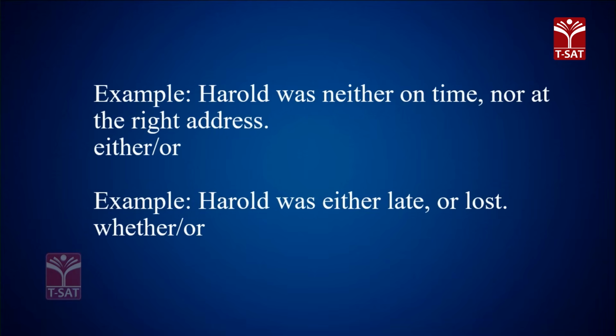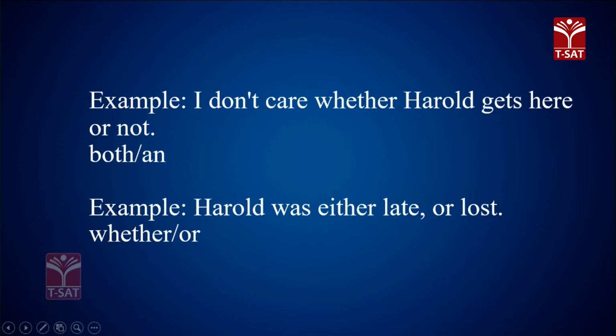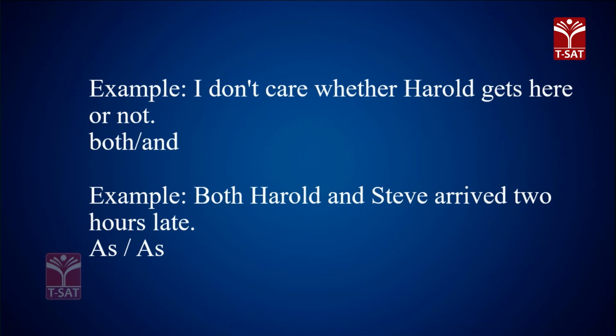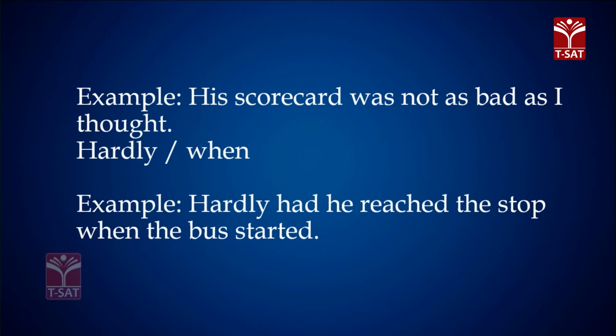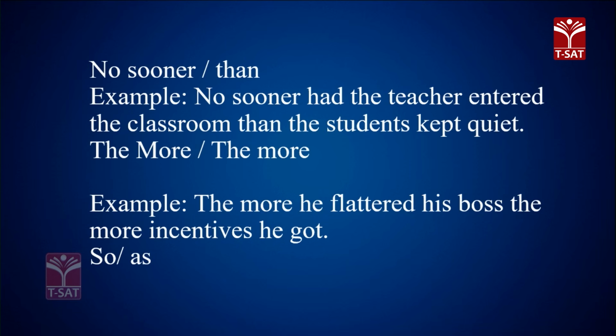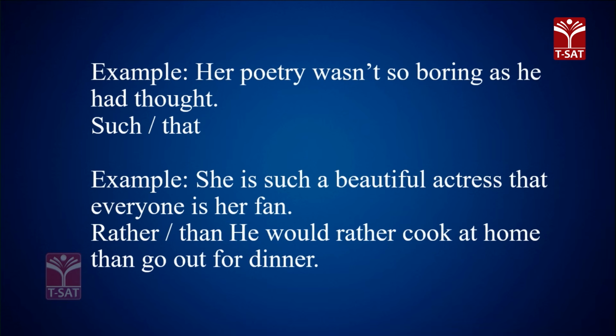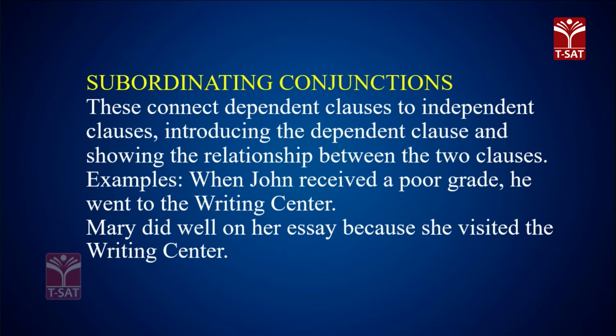Let me give you examples: not only but also, neither nor, either or, whether or, both and, hardly when, the more the more, so as, such that, right, something like this. So we are going to remember these correlative conjunctions.